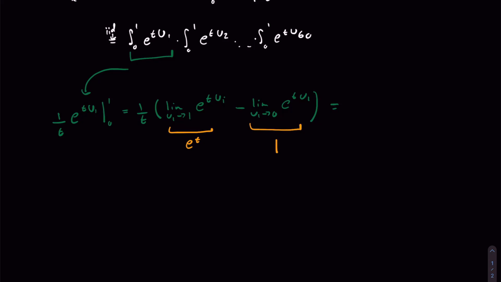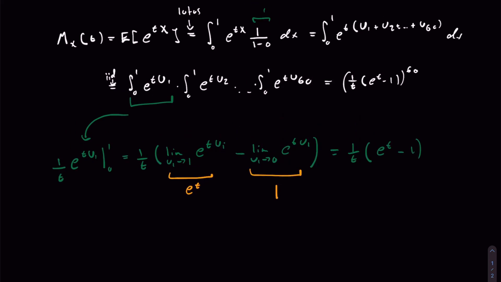So we end up with 1 over t times (e to the t minus 1). Okay, so continuing ahead here, we then see that we have 60 of these terms multiplied. And so we get the following. And that is the MGF of X.